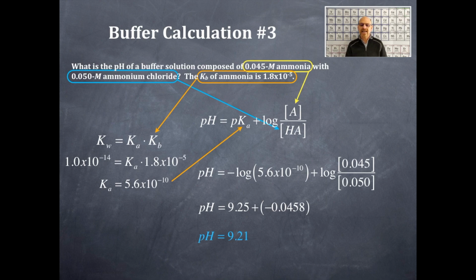That is the pKa. That is so very close to what the pH is. Okay, remember the conjugate acid-base pair is just doing a slight adjustment to the pKa to give you that pH of 9.21. And that again is a base, whereas the previous problem, we had an acid, and that's why that pH was less than 7.